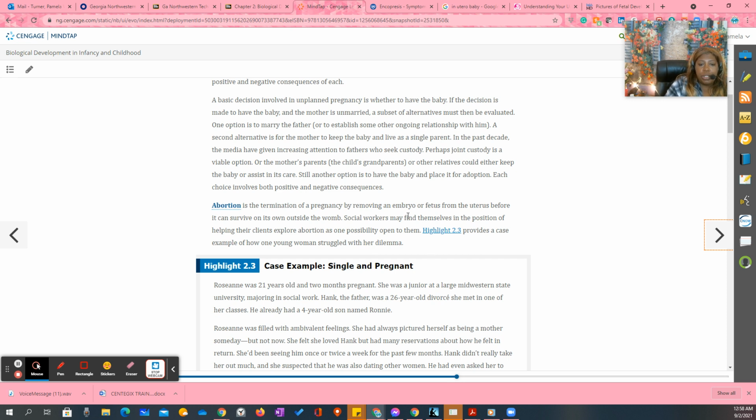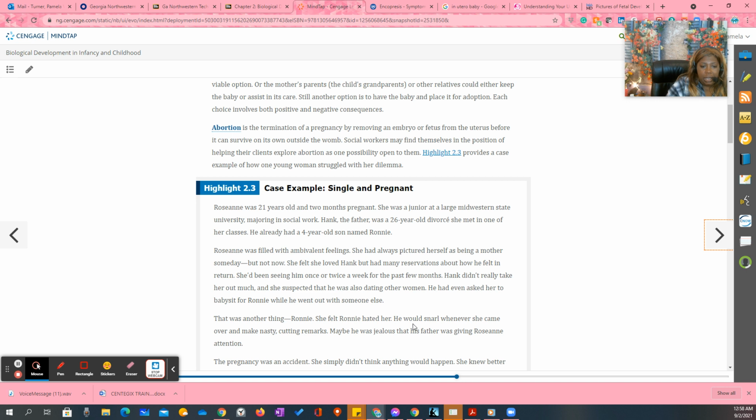So abortion is to terminate a pregnancy, and depending on what state you're in is the law of whether or not you can. Most states still allow a woman to have an abortion up until the age of viability, which now is about 23 weeks. Okay. So in social work and counseling, we don't get to decide.